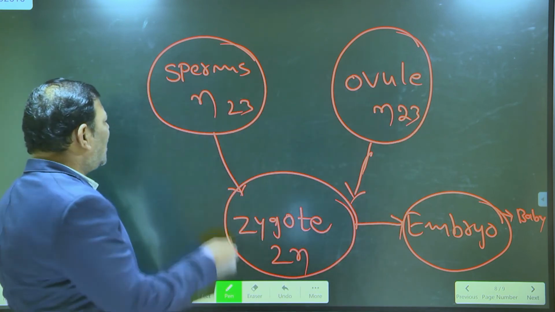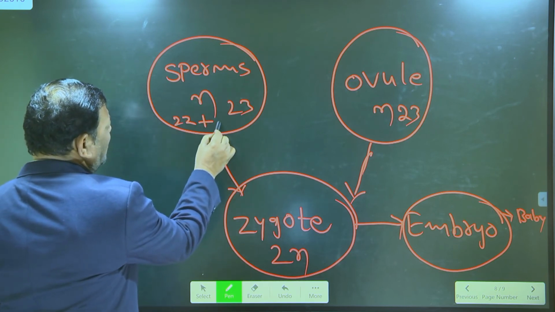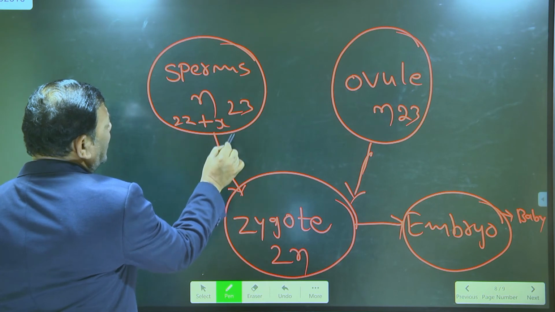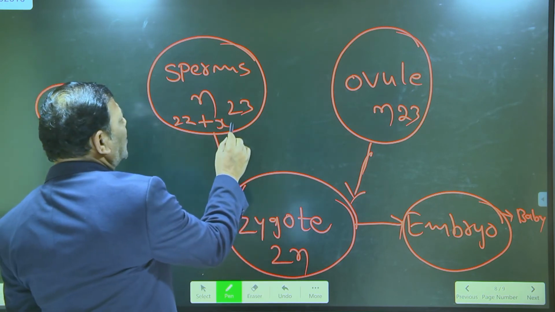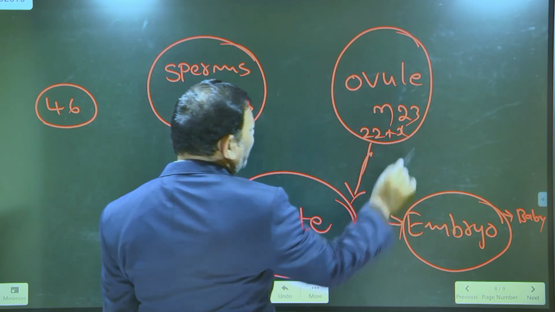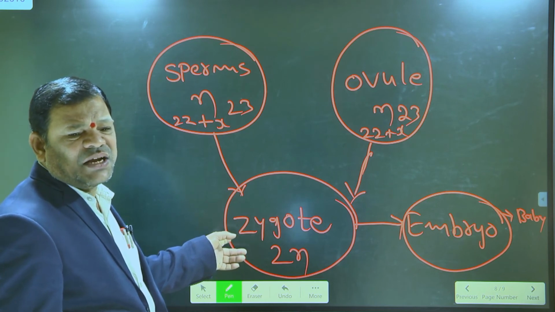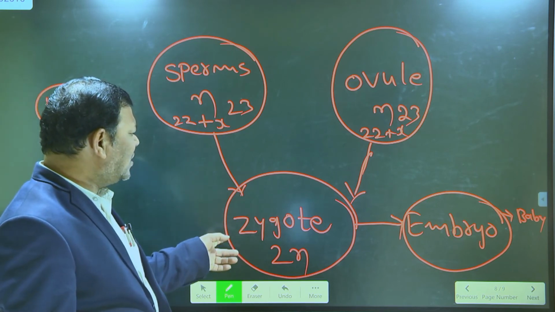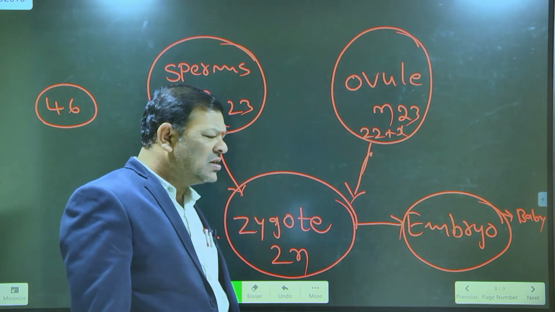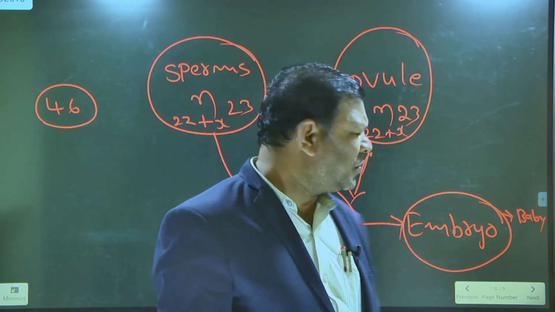Of these 23, 22 are known as autosomes and one is the sex chromosome, X. So 22 plus X. The fusion of the male gamete and female gamete is called fertilization. Fertilization takes place, the zygote forms, and the zygote develops into the embryo.